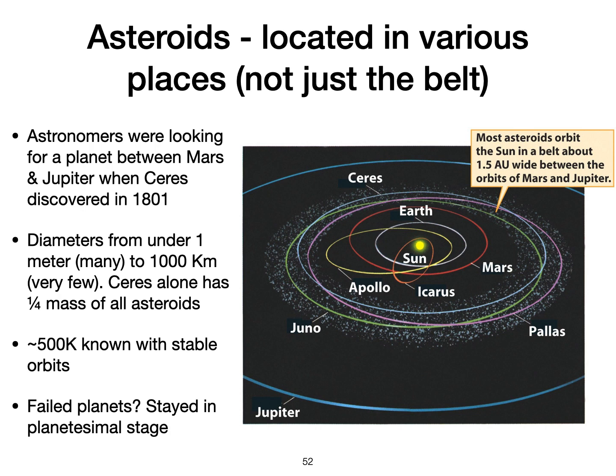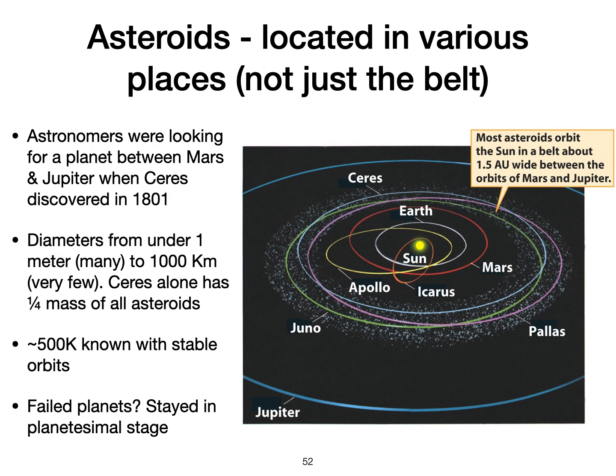And the vast majority of them are closer to 1 meter and 10 meters in diameter than to 1,000 kilometers. We know about 500,000 of them. We track a lot of these asteroids because we think that Jupiter's gravity can sometimes perturb them and knock them into the inner solar system when they cross the Earth's orbit. And when they do cross the Earth's orbit, it becomes a problem because some of these are big enough that they can cause damage down here.